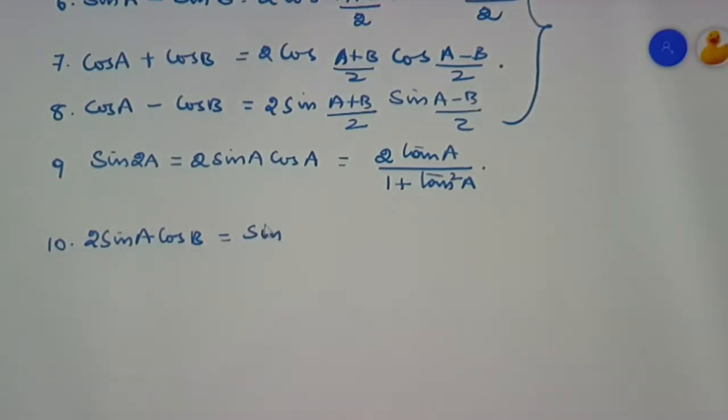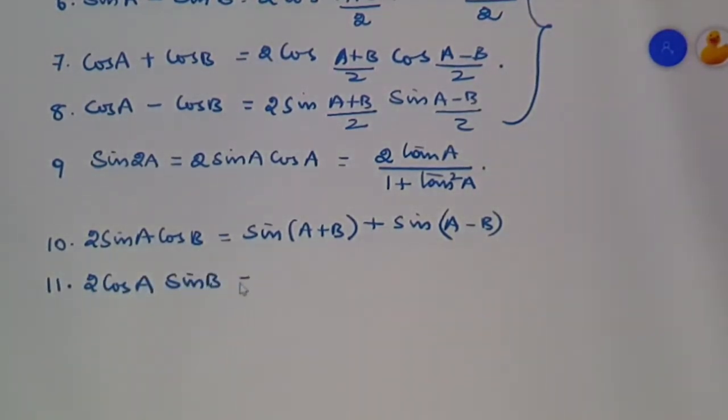This can be written as sin of A plus B plus sin of A minus B. Or you can write it like this: sin (A plus B) plus sin (A minus B) is equal to 2 sin A cos B. Then the 11th one, 2 cos A sin B. 2 cos A sin B is sin (A plus B) minus sin (A minus B).